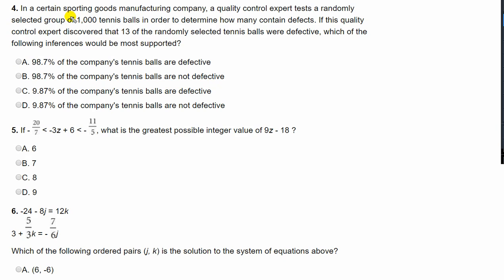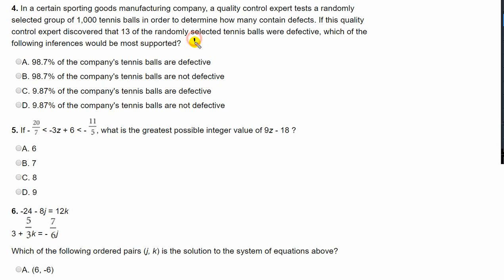A certain sports goods manufacturing company, a quality control expert tests a randomly selected group of 1,000 tennis balls in order to determine how many contain defects. That means his sample size is 1,000. If the quality expert discovered 13 of the 1,000 were defective, which of the following inferences would be most supported?